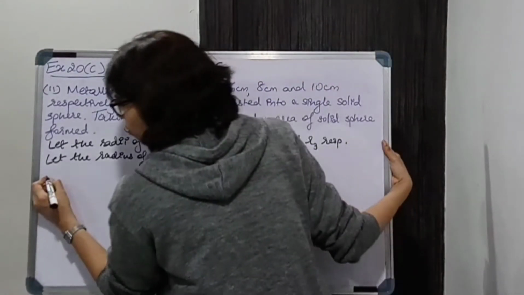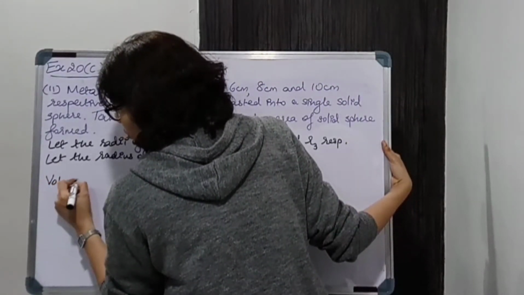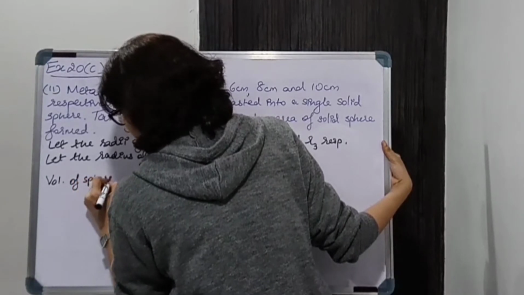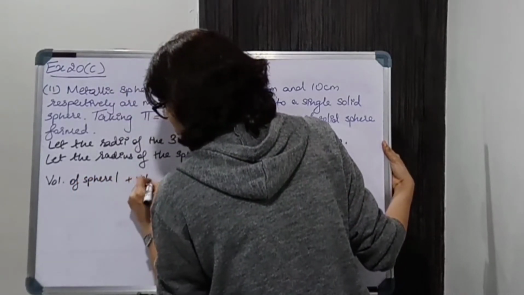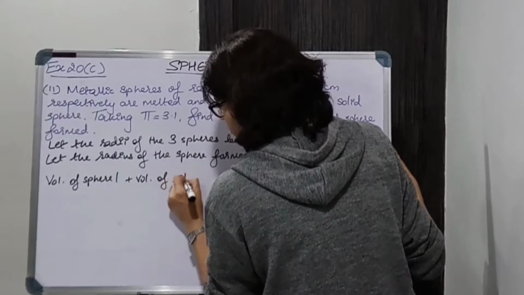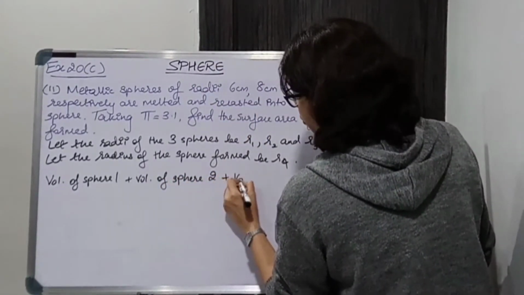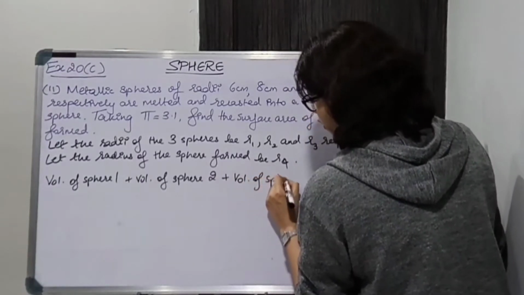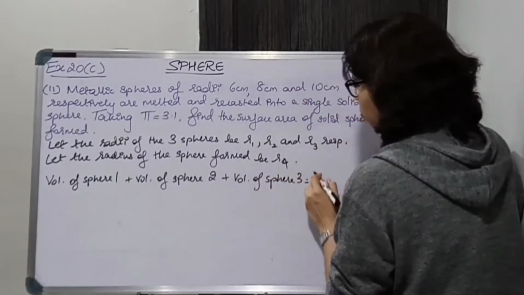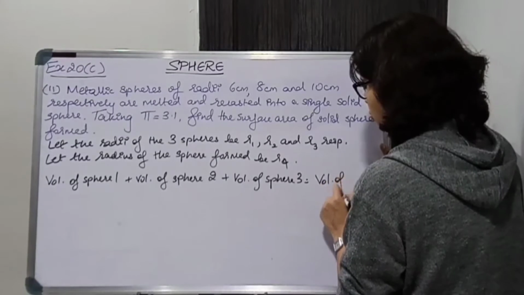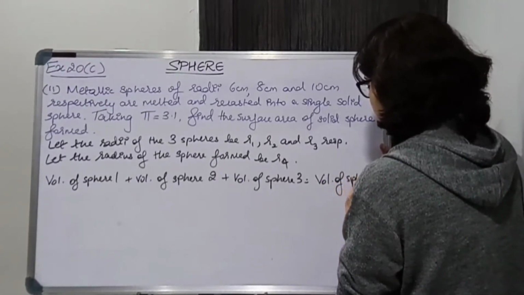Now we have to find the volume of these 3 spheres. So volume of sphere 1 plus volume of sphere 2 plus volume of sphere 3 is equal to volume of sphere formed.